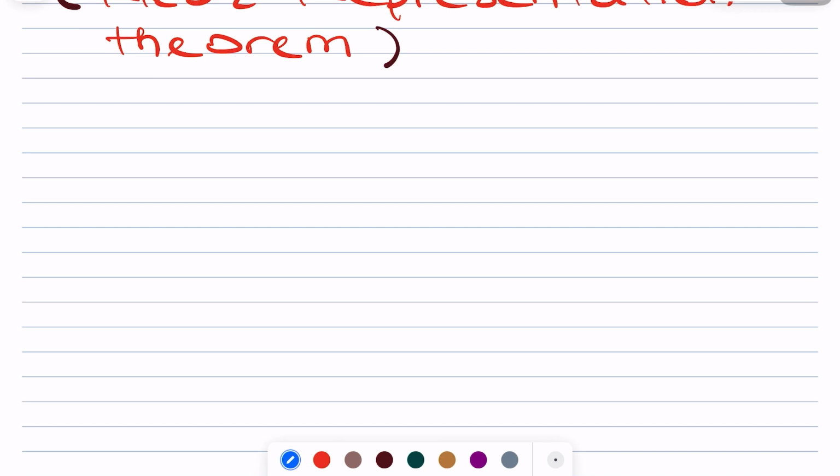Okay, so let phi be in the dual space of L1.